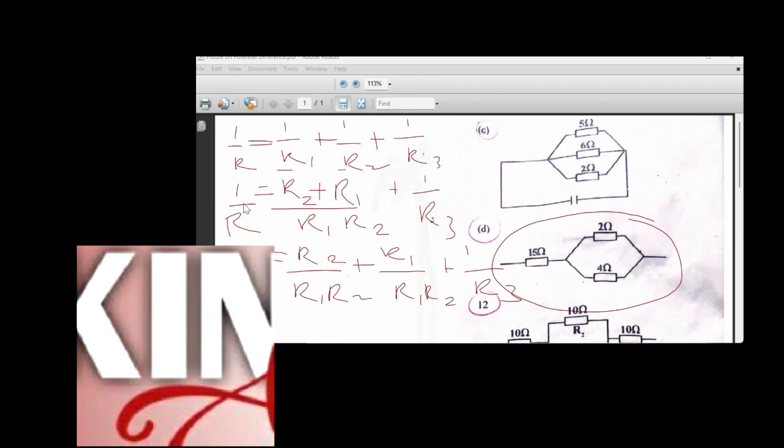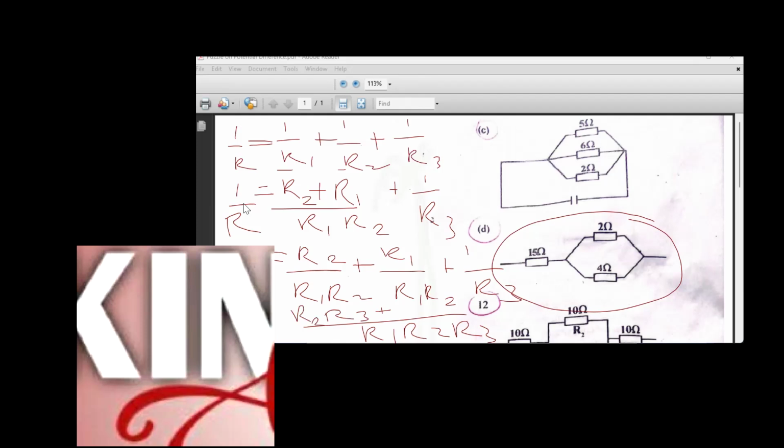So it's better this way, and the LCM here will be R1, R2, R3. R1, R2 into R1, R2, R3 is R3, plus R1, R2 times this will be R2.